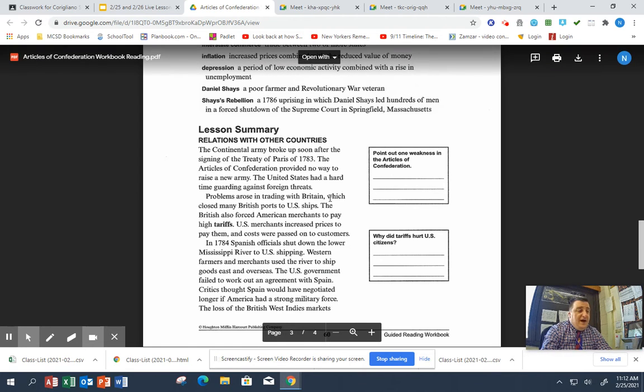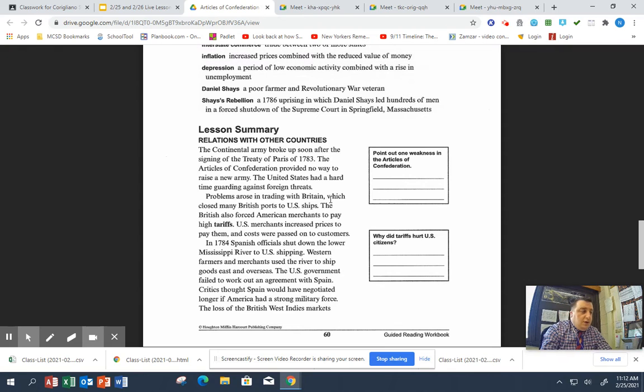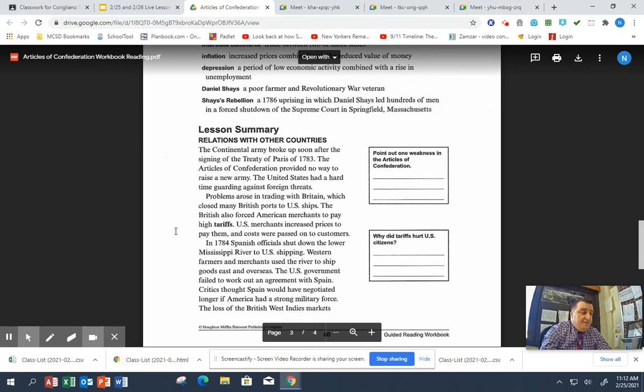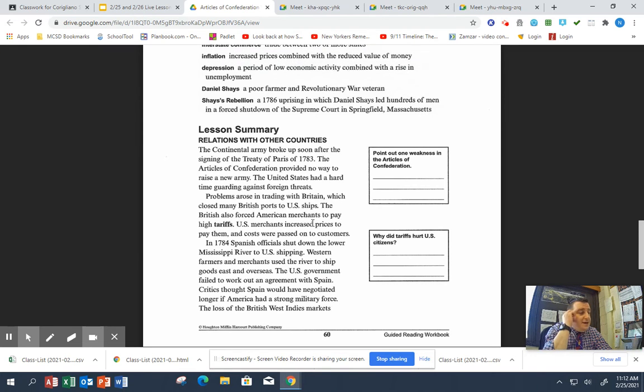Because the British closed many of their ports to U.S. ships and had high tariffs on U.S. goods that came into England, U.S. merchants had to pay higher prices, which meant they sent those costs on to the customers and charged higher prices for their own goods.